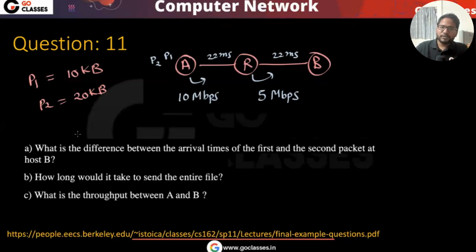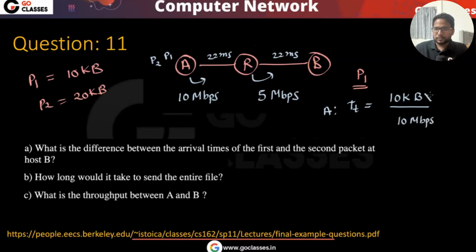So what is the transmission time for packet 1? For P1, transmission time is length upon bandwidth. The length is 10 KB, bytes, right, upon bandwidth, the transmission at A. The bandwidth is 10 Mbps, which is bits, so let me multiply by 8.